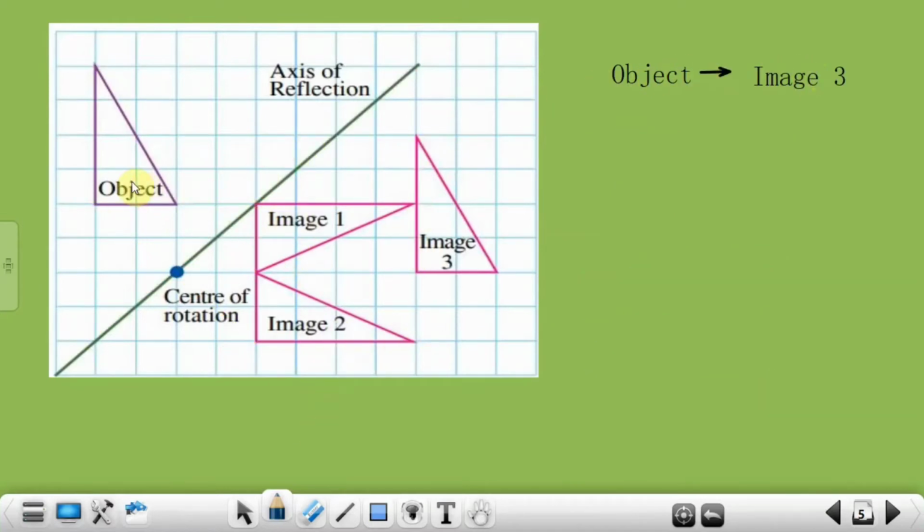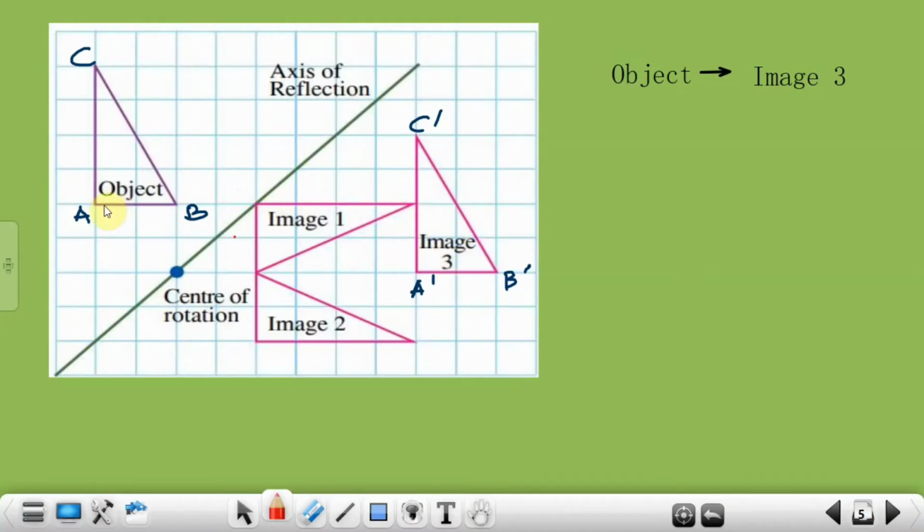Object is mapped to image 3. So this is the object and this is image 3. As usual, we name the points: A prime, B prime, and C prime. I think this object is mapped to image 3 by translation.